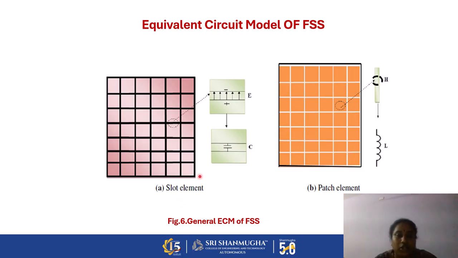In general, for slot elements we always consider the gap as capacitive elements, and for patch elements we are creating the n number of inductors. Based on our design, we are plotting the equivalent circuit for the corresponding FSS structure. So this is the basic general step for defining the equivalent circuit model of the FSS.